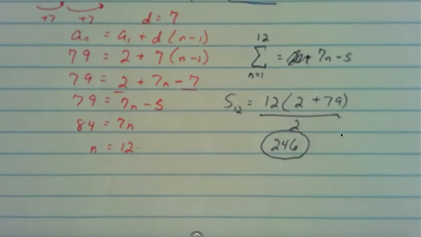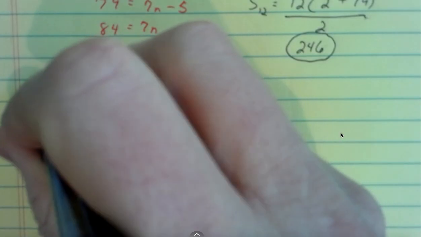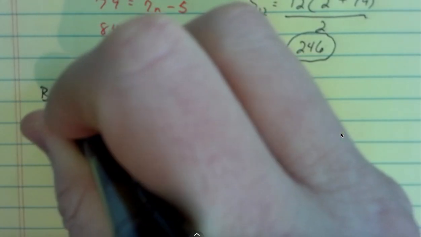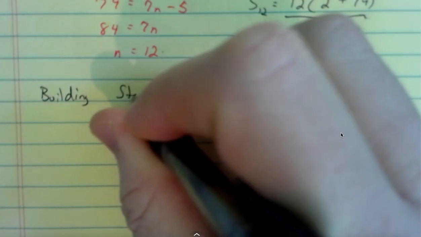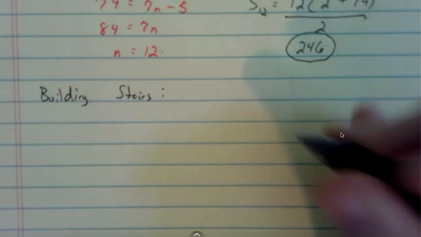So let's go ahead and apply this to a word problem. Quick word problem: you're building stairs. When you're building stairs, the top step consists of 15 bricks.